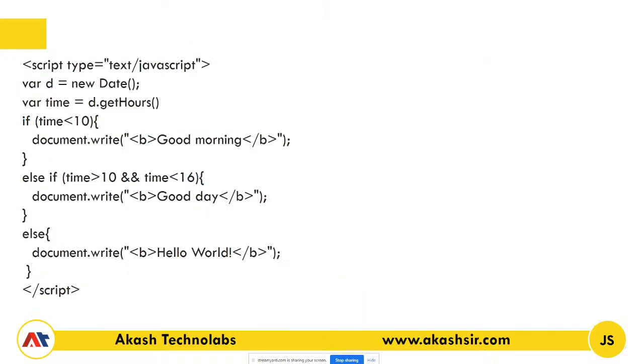If you want to print a message like this, if time is less than 10, print good morning. If time is greater than 10 and less than 16, then good day, else hello world, right? So you can check multiple conditions like this: if, else if, and else.